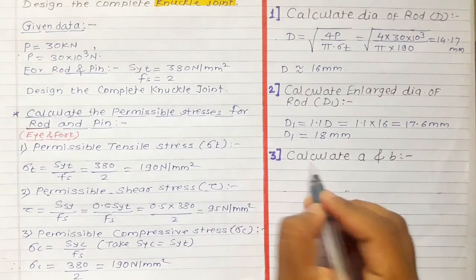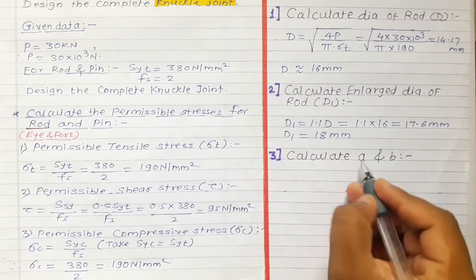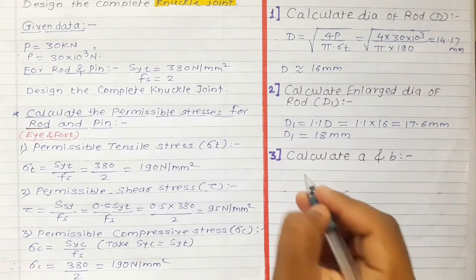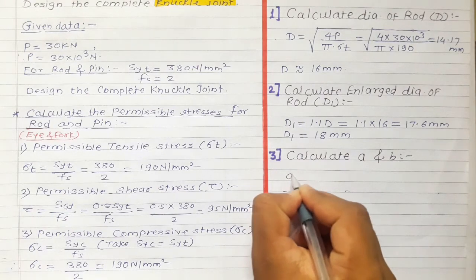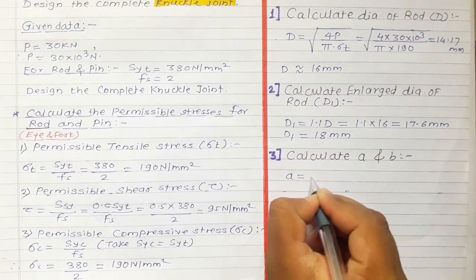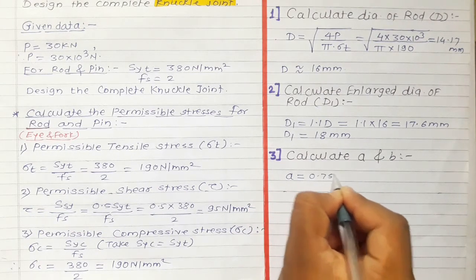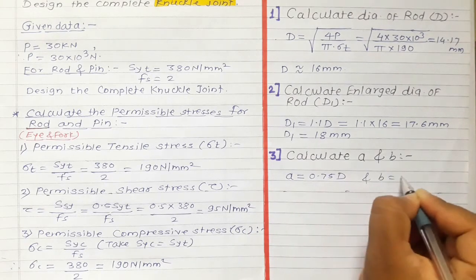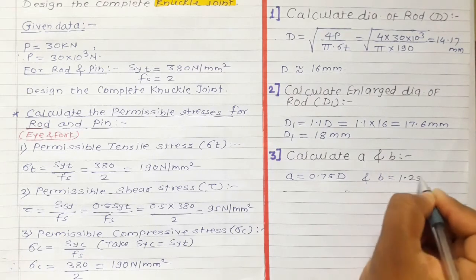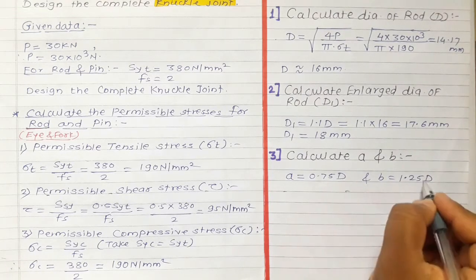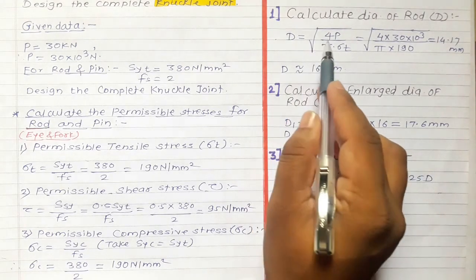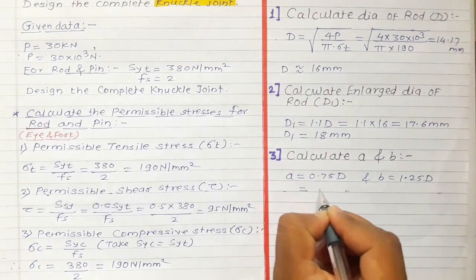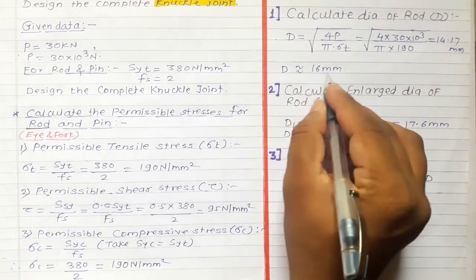Now the third step is calculate A and B, where A is the thickness of fork end and B is the thickness of eye end. From the design procedure, we can write the formula of A as A is equal to 0.75 times of capital D and B is equal to 1.25 times of capital D, where D is the diameter of rod that we have calculated in step number 1. So let us put the value of capital D, which we have got from step number 1, as 16 mm.